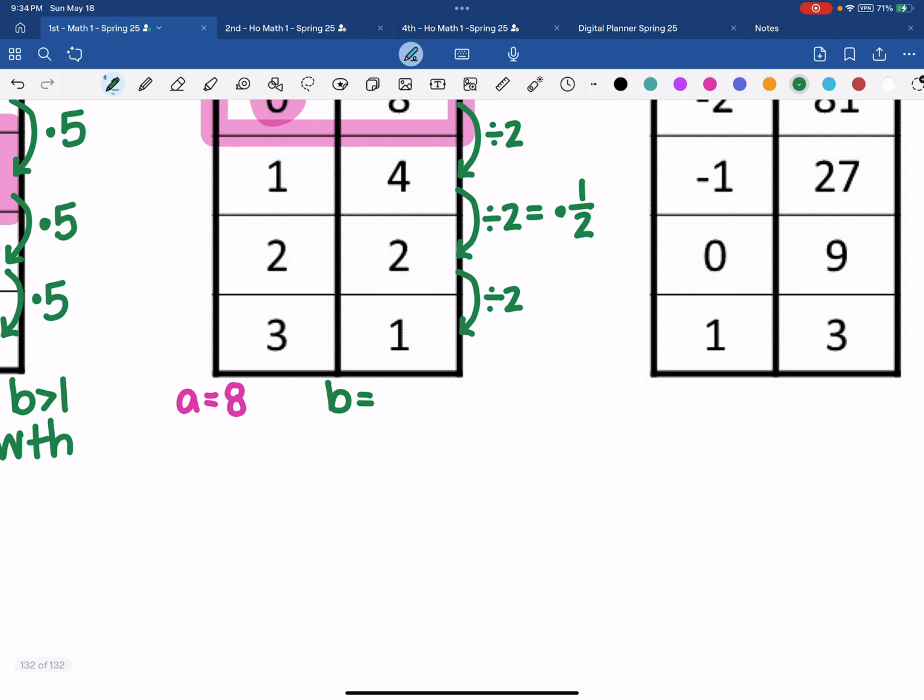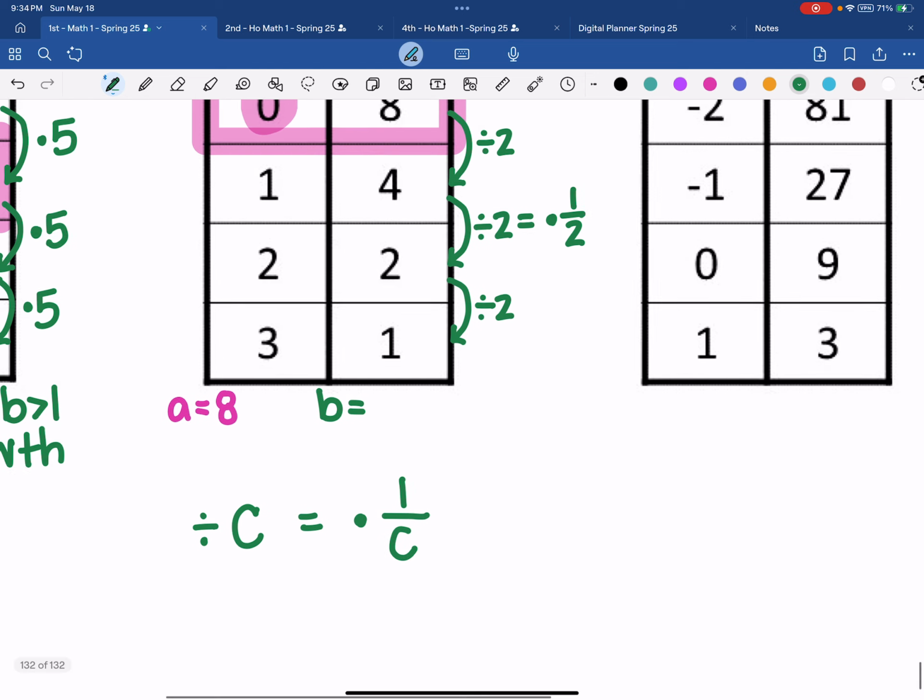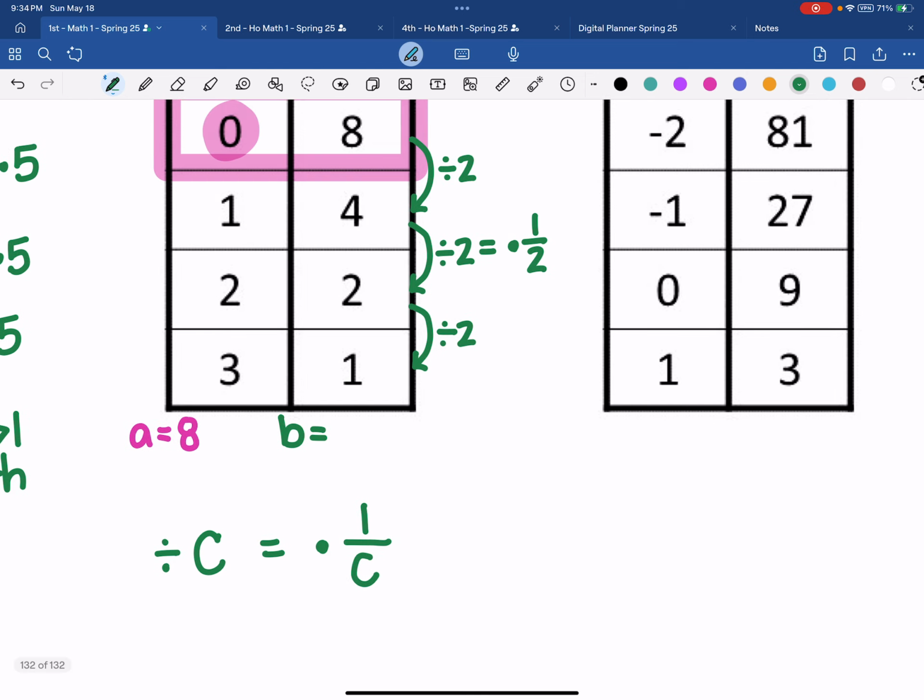So dividing by some number, we'll call it C, is the same thing as multiplying by the reciprocal, which is 1 over C. If we're dividing by 4, it becomes 1/4. If we're dividing by 5, it becomes 1/5. So dividing by a number is the same thing as multiplying by the reciprocal, and we have to change it to multiplication.